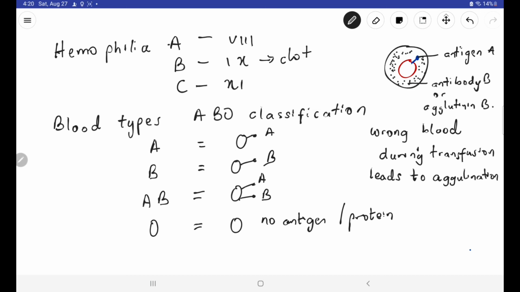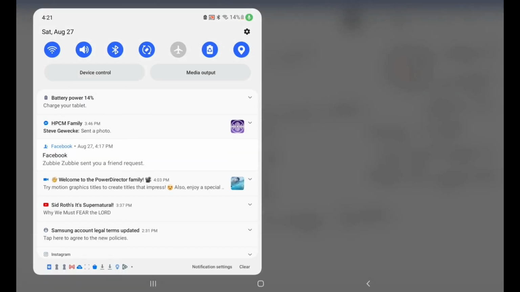Now, if this was antibody A, this antibody would attack antigen A. This would become very important in the next mini lecture where I'll be discussing blood transfusions, and also in another lecture where I'll be talking about the rhesus factor. See you in the next lecture.